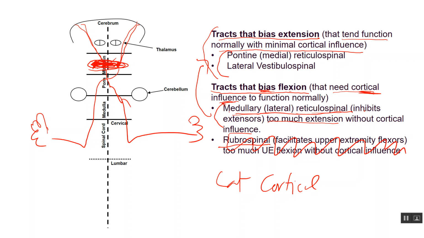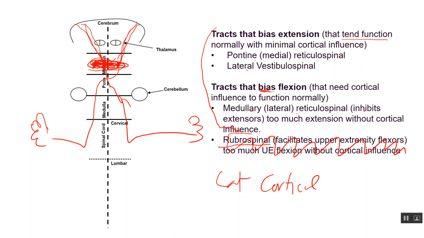So now what you have left functioning is all of these tracts, the pontine, the lateral vestibular, and the medullary. And because you lose cortical influence, because it gets blocked at the midbrain, now all you have left is all extensor bias tracts. So that's why now everything's extension at this point, because you lose the corticospinal influence.